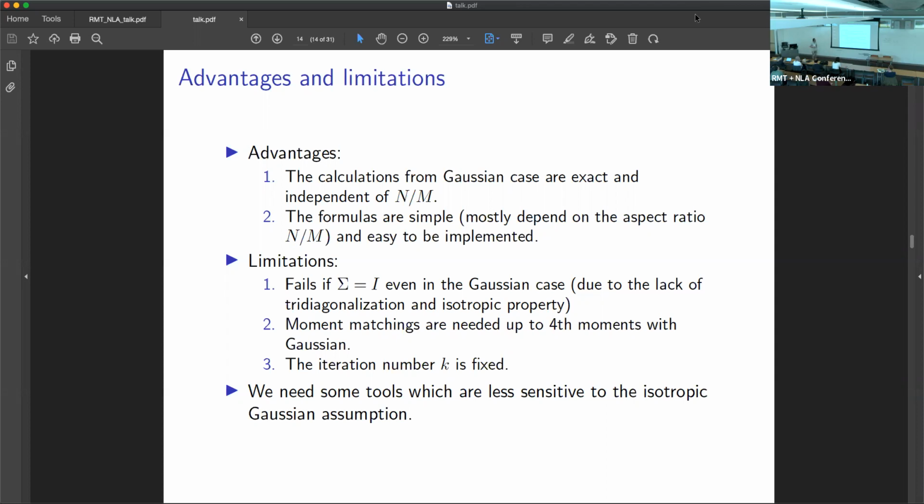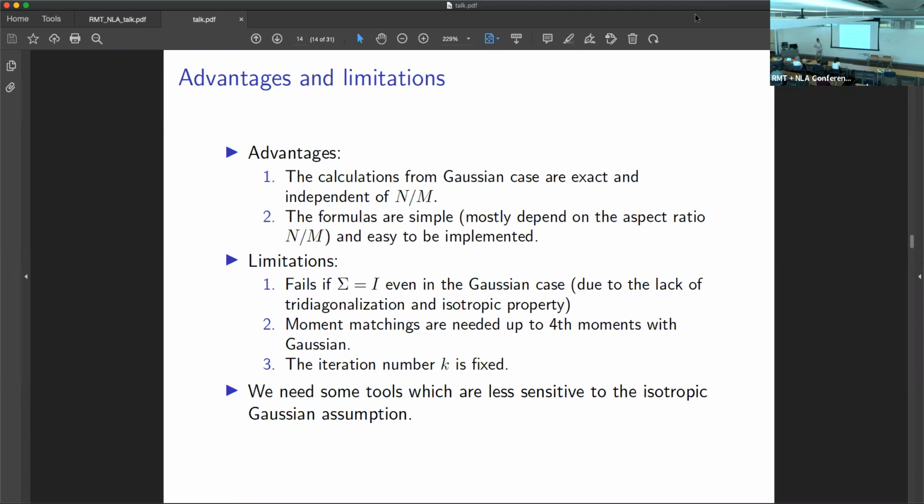But on the other hand, there are many limitations. For example, even for a simple covariance matrix, if the covariance is not identity, even in the Gaussian case the method fails because you do not have this nice bidiagonalization procedure. And if it's non-Gaussian, of course it fails.